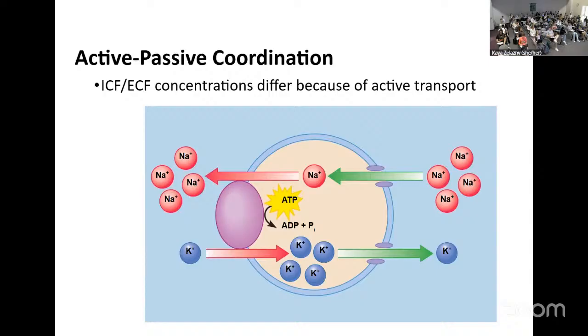This is part of how we maintain our differences between our intracellular fluid inside the cell and our extracellular fluid outside the cell for the active transport part. And then we use those gradients that we set up, those differences that we set up with our primary active transport, to allow movement of other things.